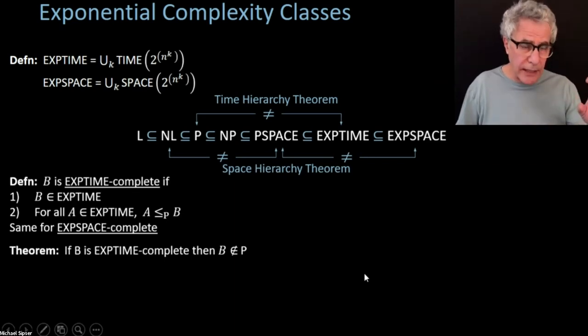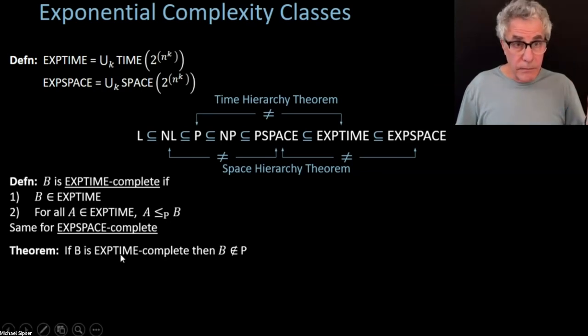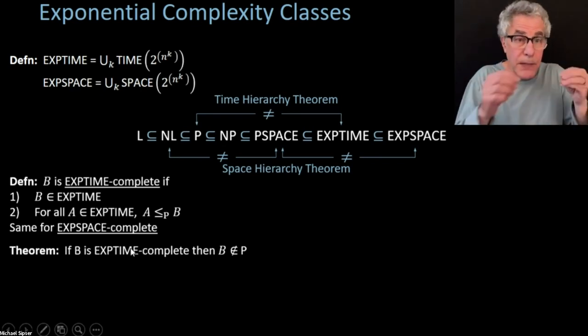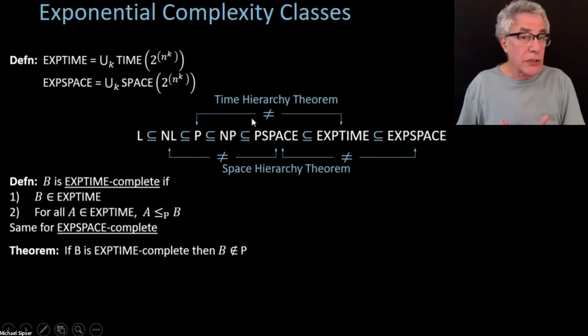Okay, now, the important thing is that if something is exponential time complete, you know it's outside of P, for the same reasons we've now seen several times. Namely, that if an exponential time complete problem ended up being in P, then because everything else in exponential time is reducible to the complete problem, they would also be in P. And so exponential time and P would be equal, but we just said they're not equal because of the hierarchy theorem.